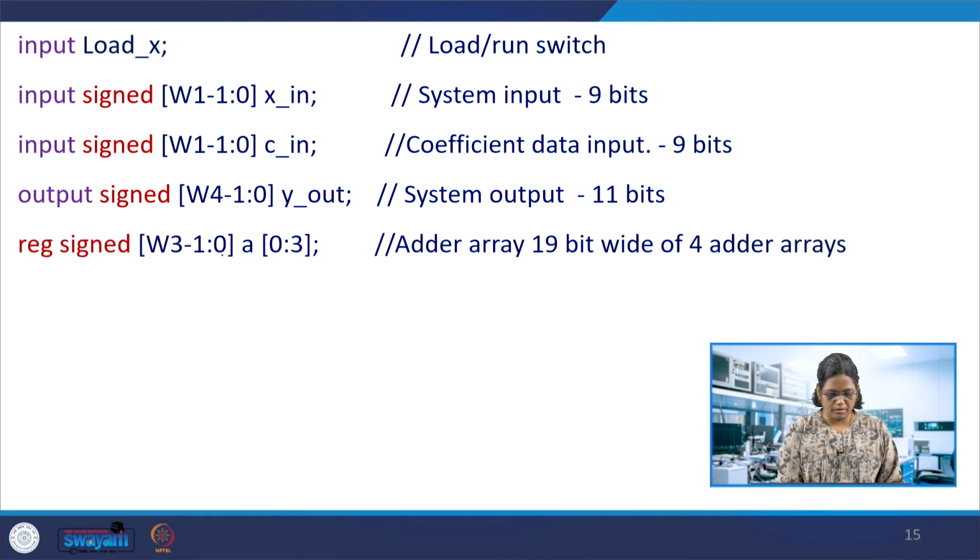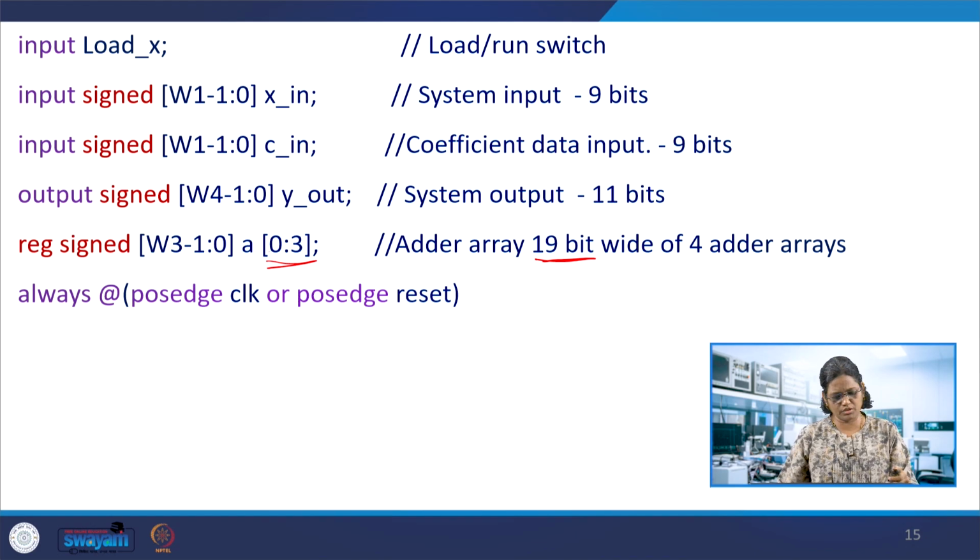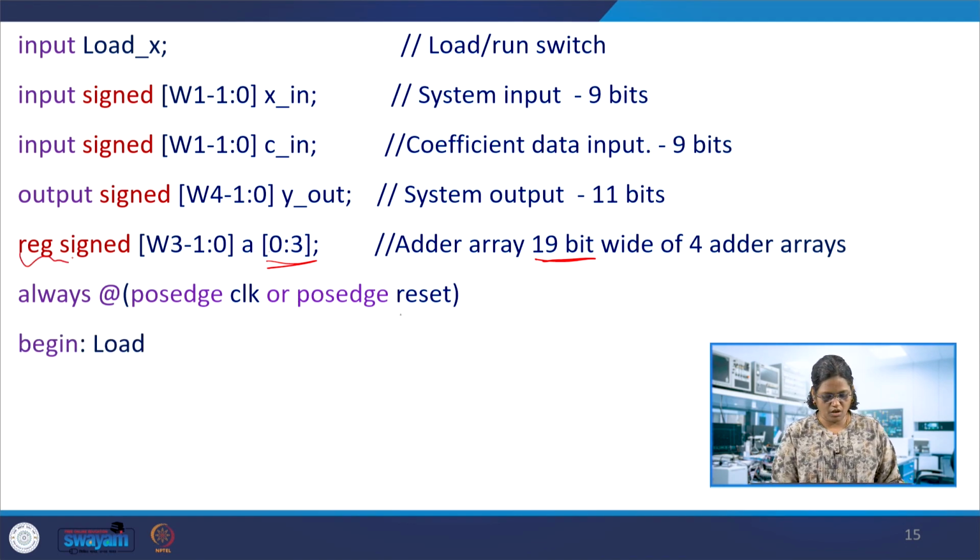Now we get the adder array of 4 coefficients, 4 deep, A0, A1, A2, A3. So this is from 0 to 3, A0, A1, A2, A3, and then the width is 0 to W3, that is 19 bits wide, 4 adder arrays. These are declarations: input x in, c in, y out, and the A adder array we have declared. So this is the declaration you can see, and always at passage of the clock, if reset, this is also an asynchronous reset here.